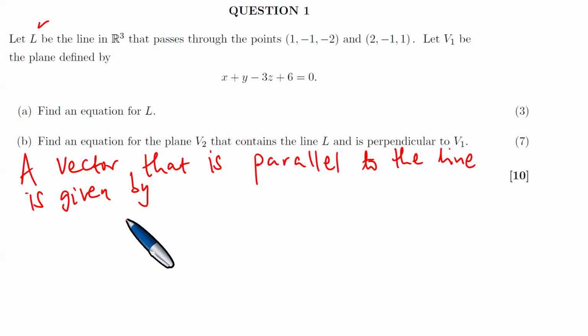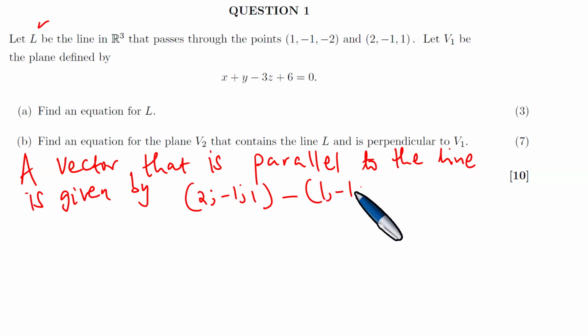So at this point, we note that the vector is, if you have this point and that point, (2, -1, 1) and (1, -1, -2). So we subtract them, moving from the initial point to the final point.